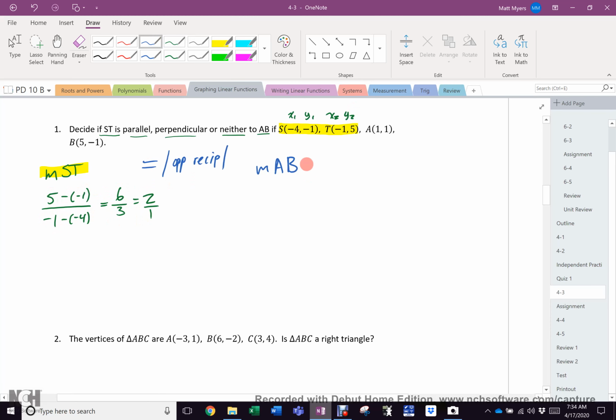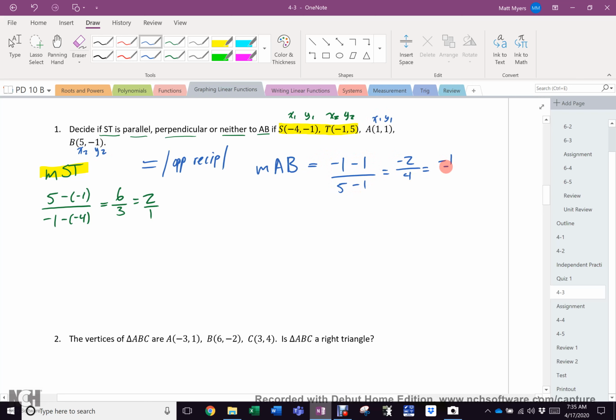Now let's check AB. There's x1, y1, x2, y2. So that's -1 minus 1 over 5 minus 1. -1 minus 1 is -2. 5 minus 1 is 4.